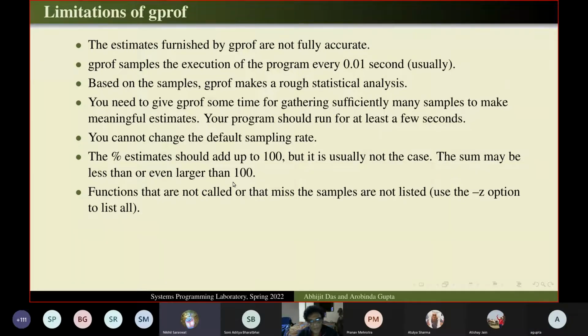Sir, does gprof do error correction on the time measurement? Error correction? It's just an estimator. Like if a function was taking some X seconds and gprof has introduced some Y time extra... Absolutely.